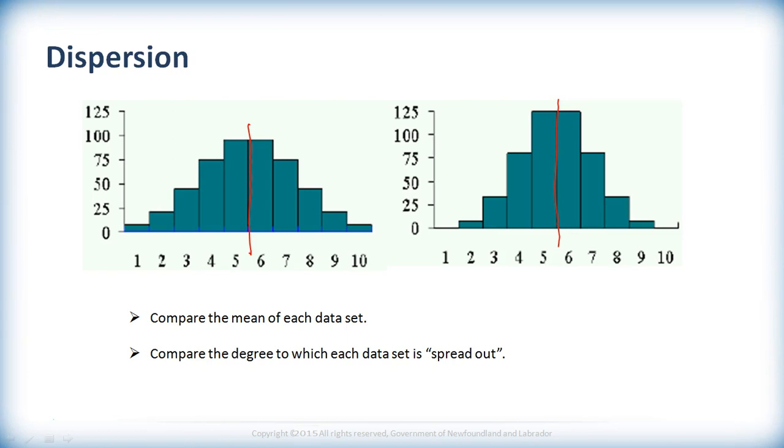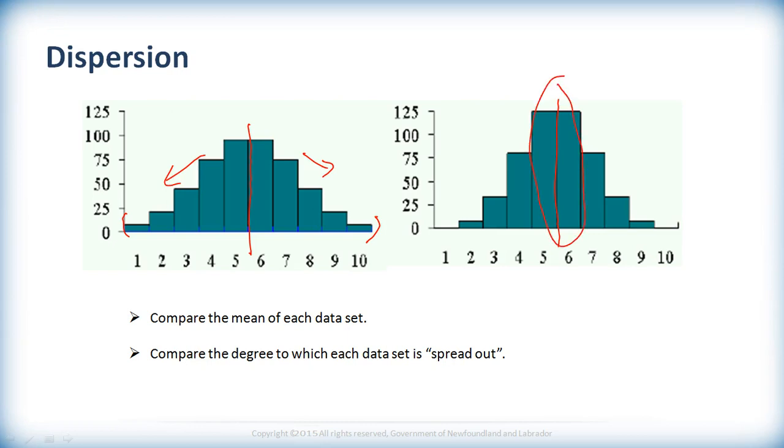But then we also talk about not just where the center of the data is, but the degree to which the data are spread out. So you can see in this first group that we range from a lot farther left to a lot farther right, and the data are spread out a little more than they are in this central group where everything is clustered around the middle.